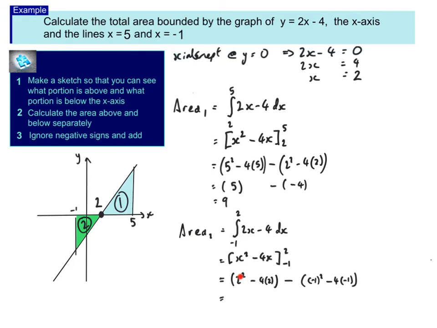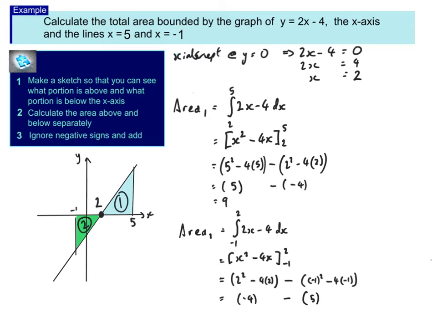Working through the number work, 4 minus 8 gives me negative 4 here. Minus negative 1 squared, that'll be positive 1, add 4 will give me 5.